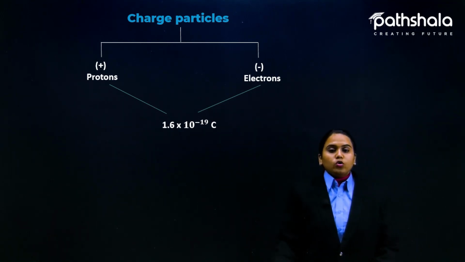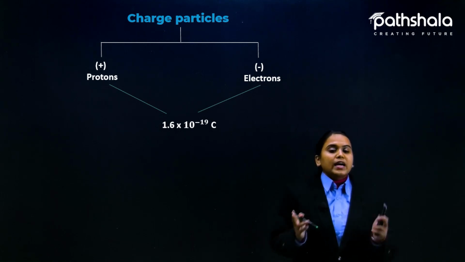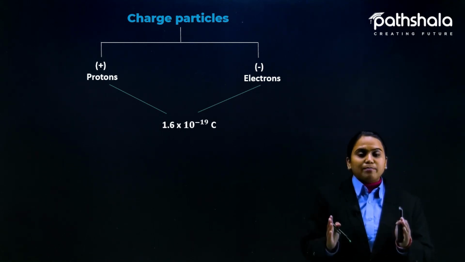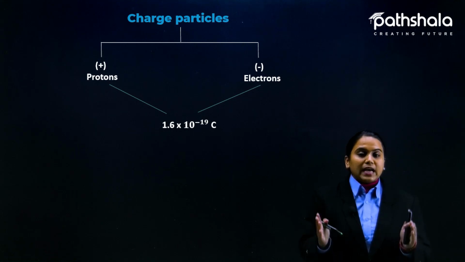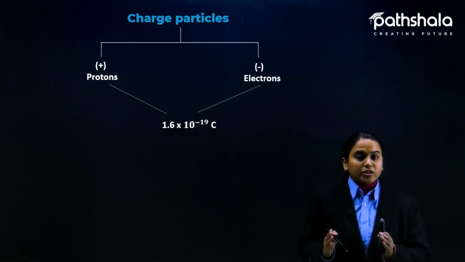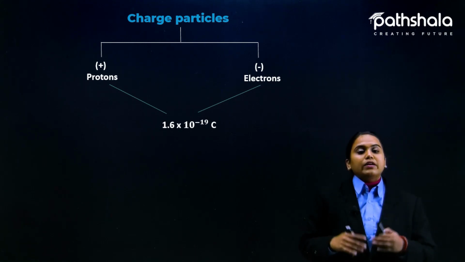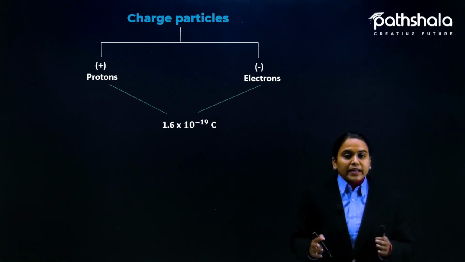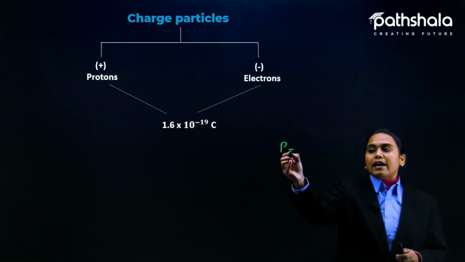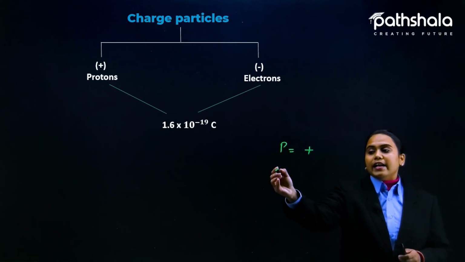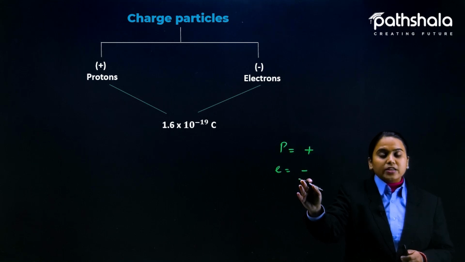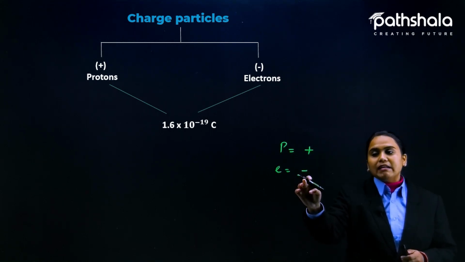Okay, so now some students have such a question that, ma'am, if both of these have the same amount of charge, then why are electrons and protons distinguished? Why are they different then? Okay, let me tell you students, protons have a positive charge and electrons have a negative charge. And why are they positive and why are they negative?